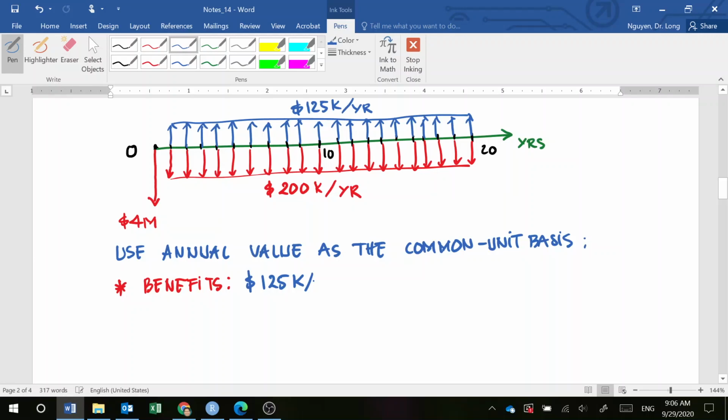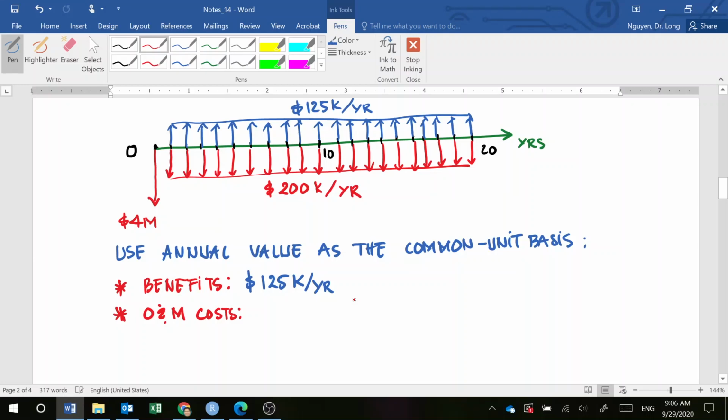And the operation and maintenance cost, the O and M cost, in this case is 200,000 per year.